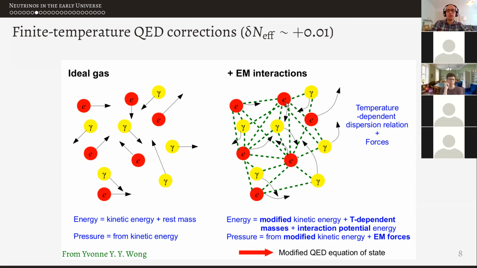And that means that the kinetic energy is modified. They get effective masses if we want to use a quasi-particle picture. And the potential energy also gets an interaction contribution. So in the end, this can be accounted for by modifying the QED equation of state.